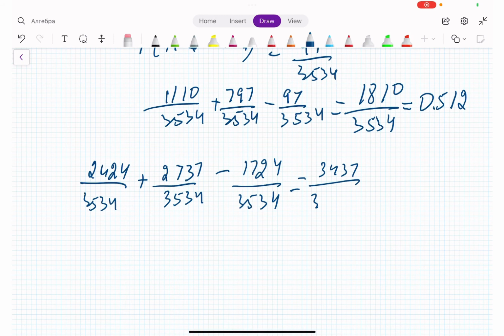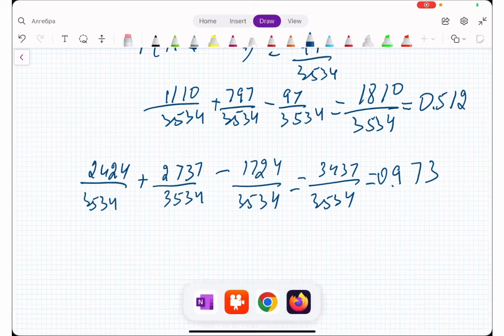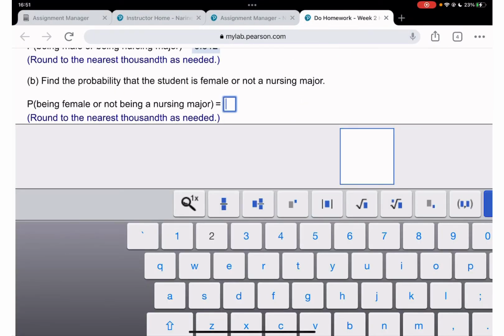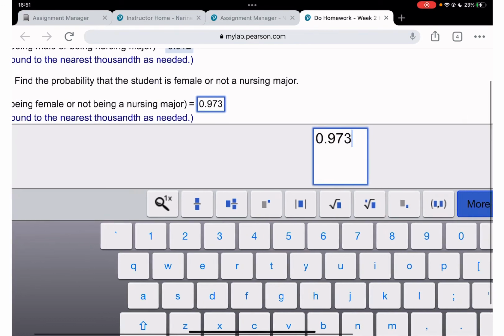Now when I divide 35, 34, I'm going to get 0.97, three digits, 0.973.